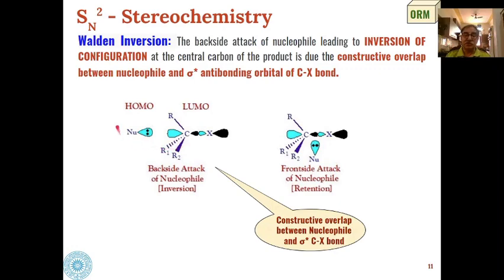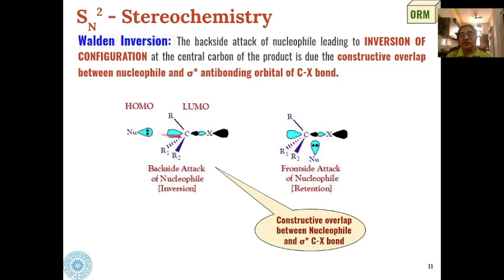So this is the highest occupied molecular orbital, the nucleophile having a non-bonded pair of electrons, and then the lowest unoccupied molecular orbital of the substrate, that is the sigma antibonding orbital. They are having this type of lobes, and there will be an overlap between these two, and X will be eliminated.